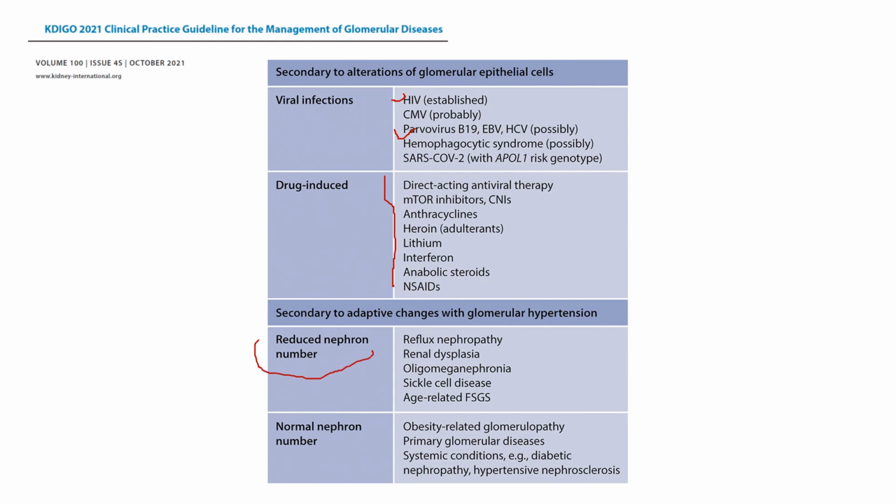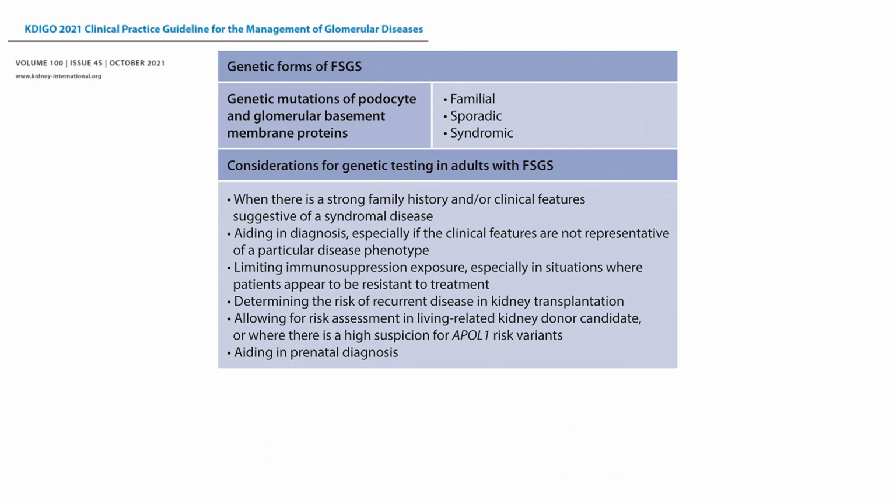If there is a reduced nephron mass, this is because of glomerular hypertension, as in reflux nephropathy, and with normal nephron number, as in obesity-related glomerulopathy, and this is very common. And as we all know, FSGS may be the final consequence of any primary glomerular disease or renal disease, also secondary to diabetic nephropathy and hypertensive nephrosclerosis. So all of these are secondary causes of FSGS.